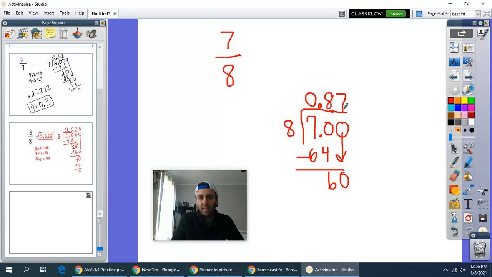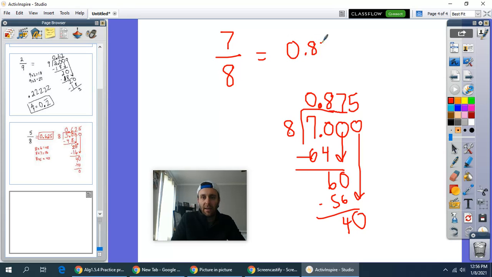We did in the last problem 7 times because you get 56. You get a remainder of 4. We add a 0, bring it down, and then 8 goes into 40 5 times. So 7 out of 8 is 0.875.